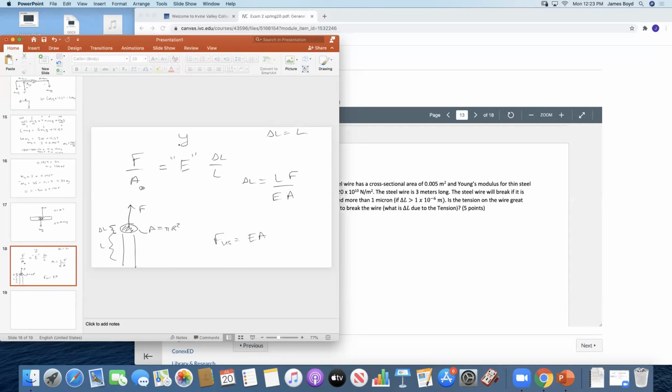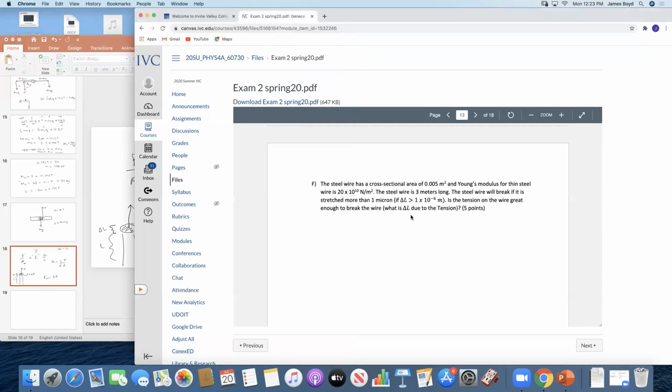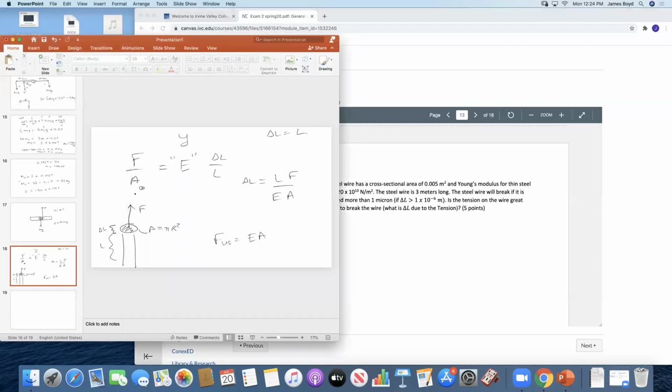But anyway, so we have this, and we're told that the steel wire will break if it's stretched more than 1 micron, if delta L is greater than 1 times 10 to the minus 6. So we need to find whether or not we're going to break this wire if we apply a force of 400 newtons.